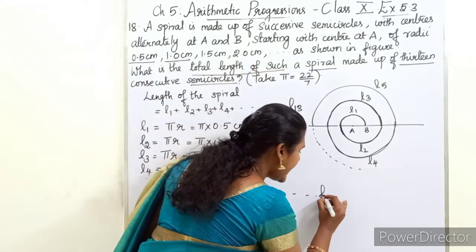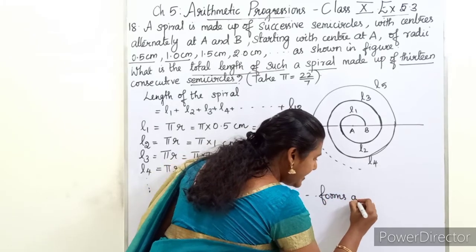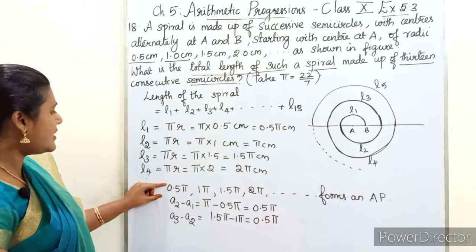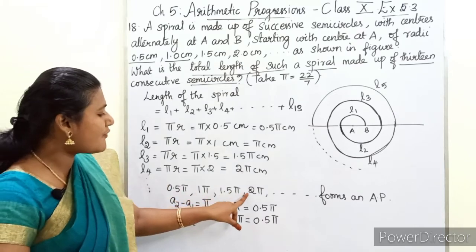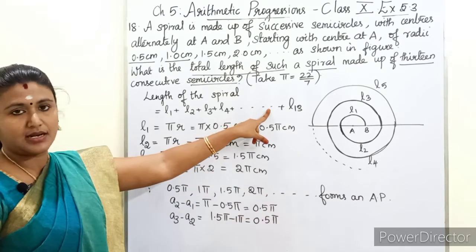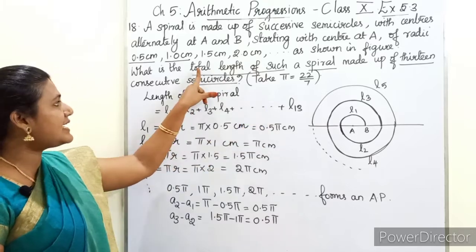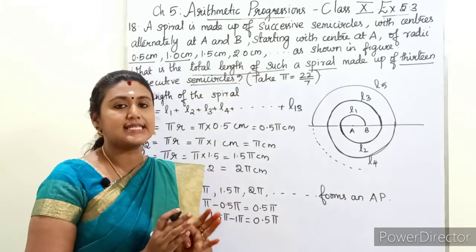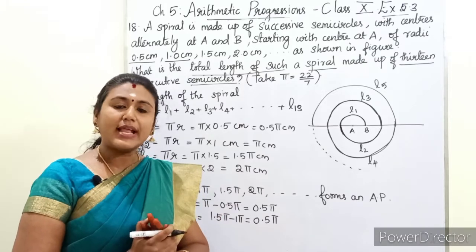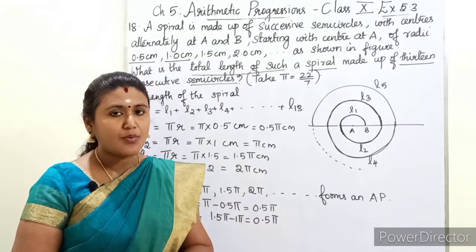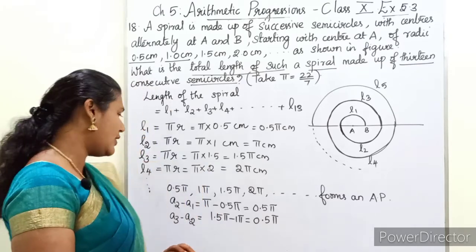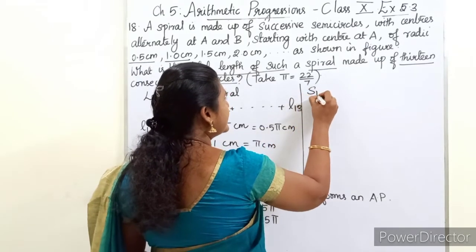Since these numbers form an AP, we need to find the sum of these values up to 13. So to get the length of the spiral, we have to find S13. The length of the spiral will be equal to the sum of the first 13 terms, that is S13.